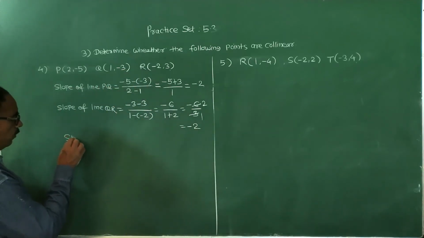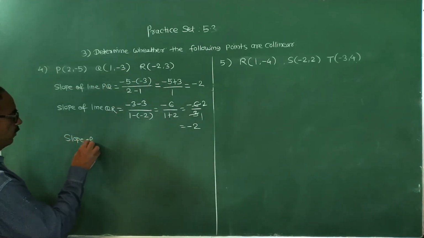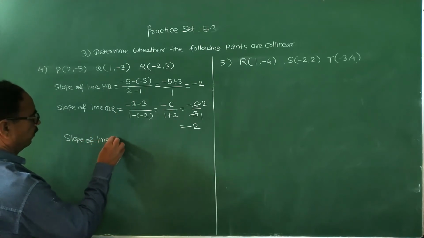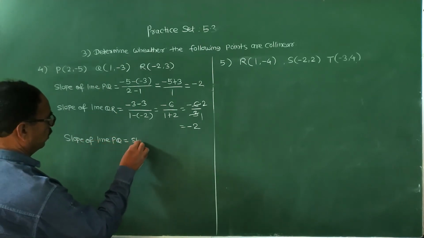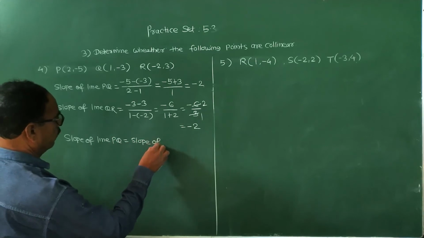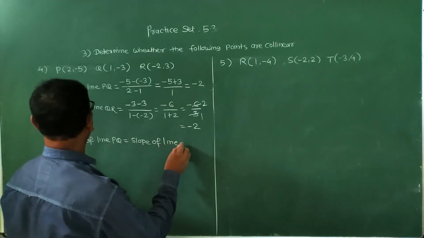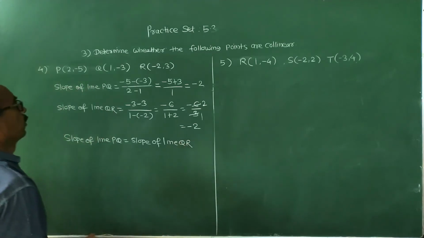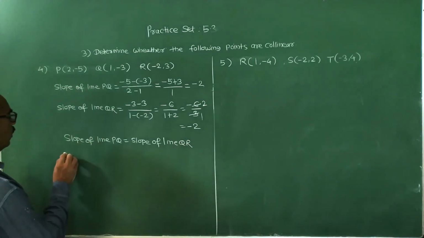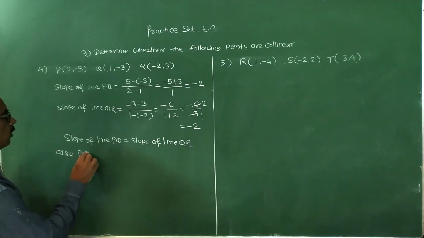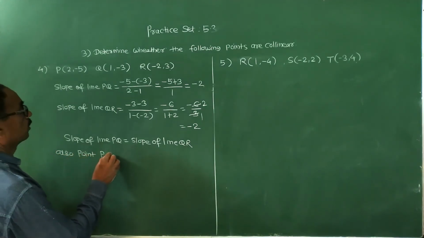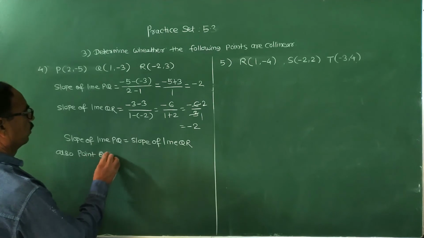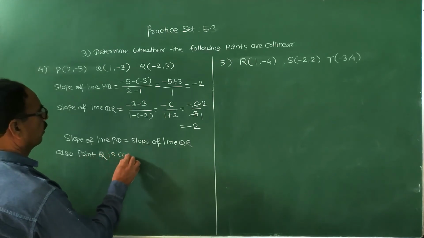So slope of line PQ is equal to slope of line QR. Also, point Q is common point.